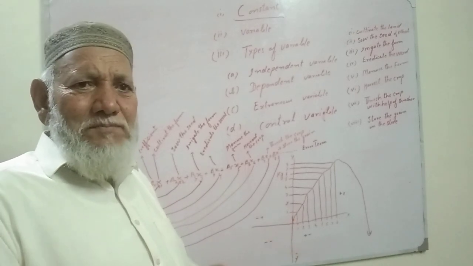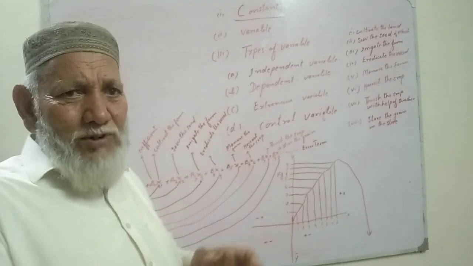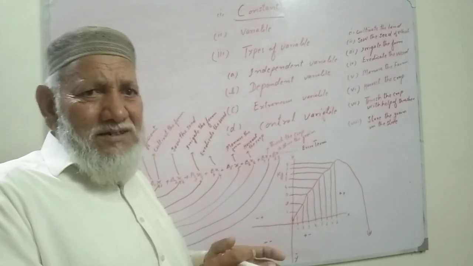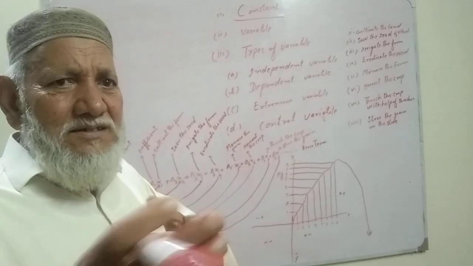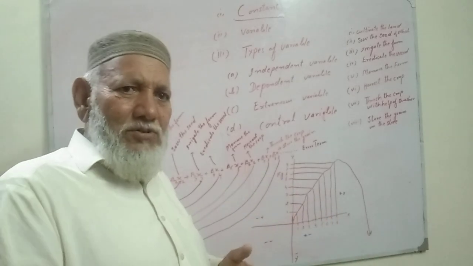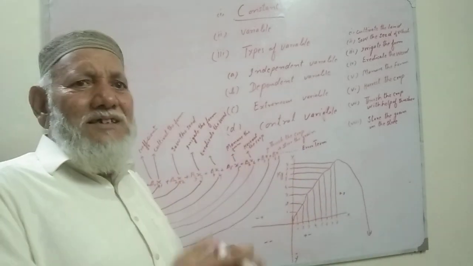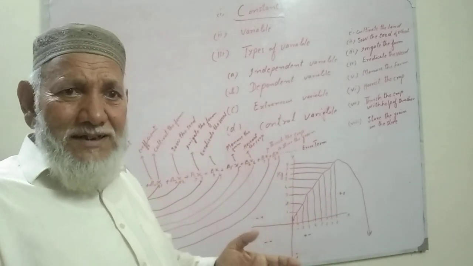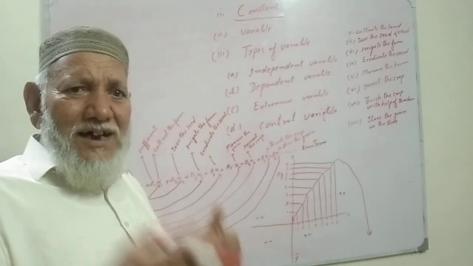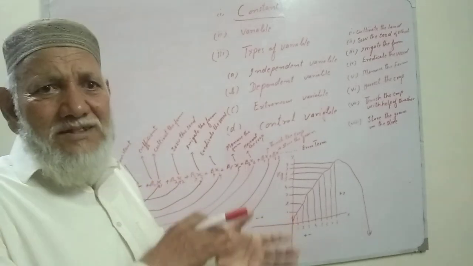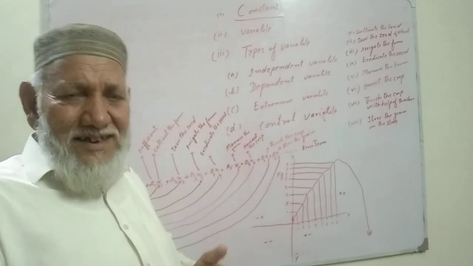When we provide urea 1 unit and then 2 units and 3 units and 4 units, automatically what happens? They create a change in the dependent variable. The dependent variable is the output of the wheat. This is called the grain. So they create a change in the grain.